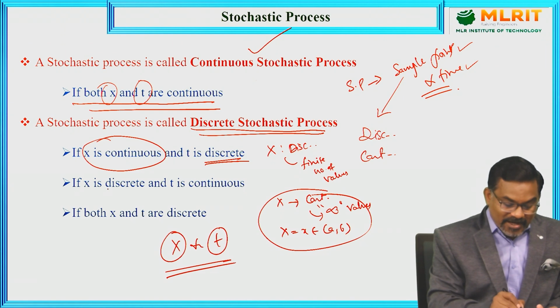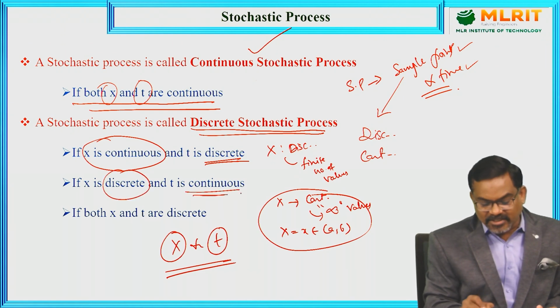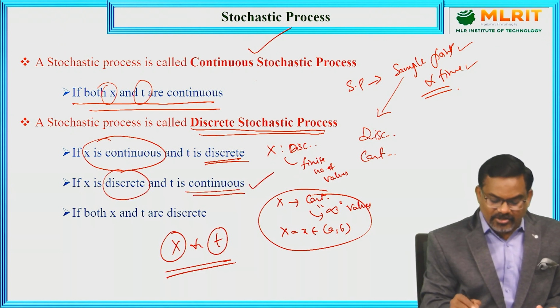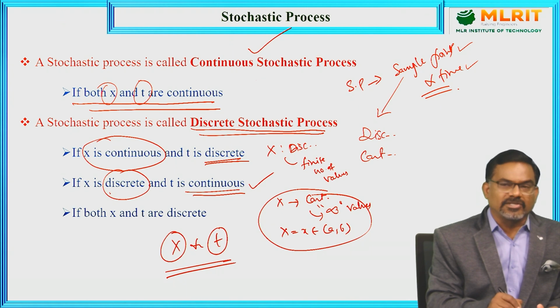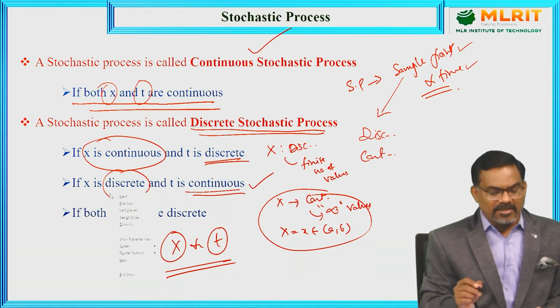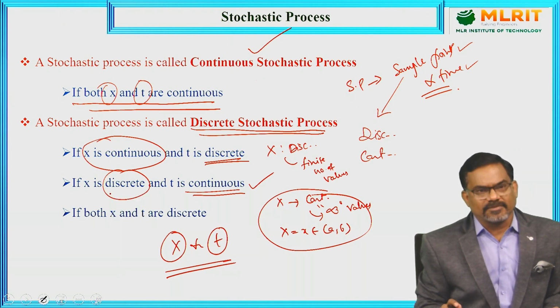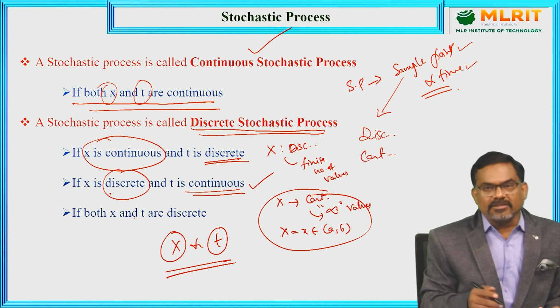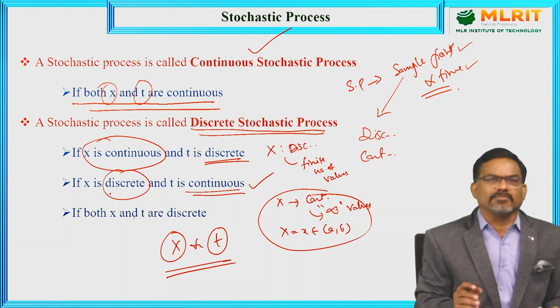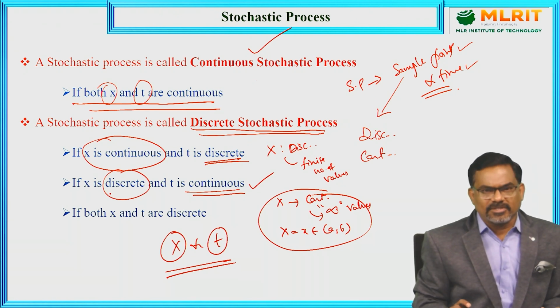Similarly, if x is discrete and t is continuous, so here t is continuous but x is discrete. So again it comes under discrete stochastic process. If both are discrete, then also obviously it comes under discrete stochastic process.